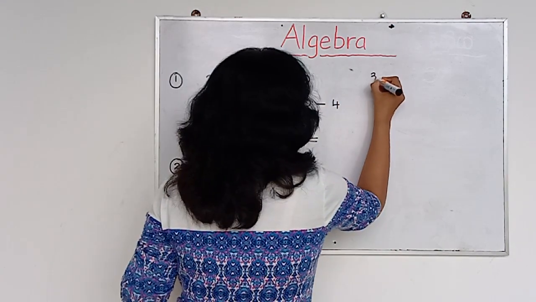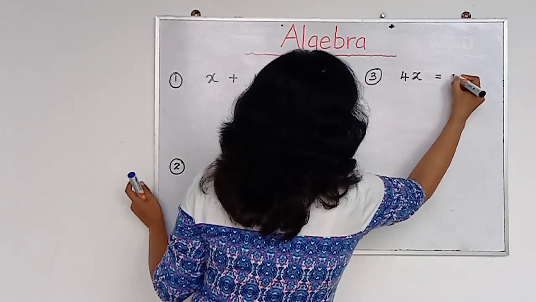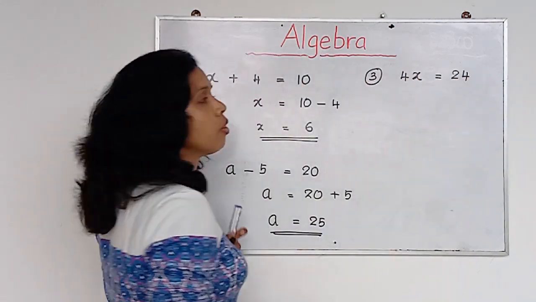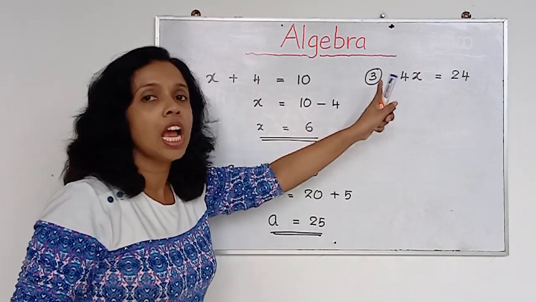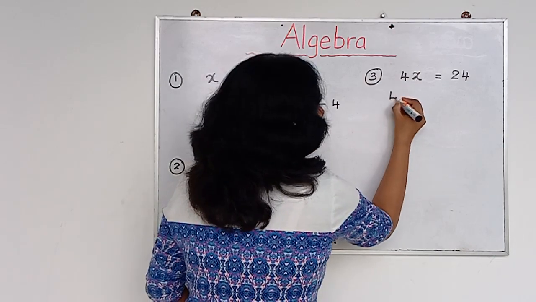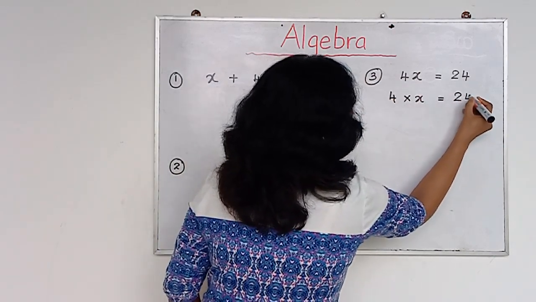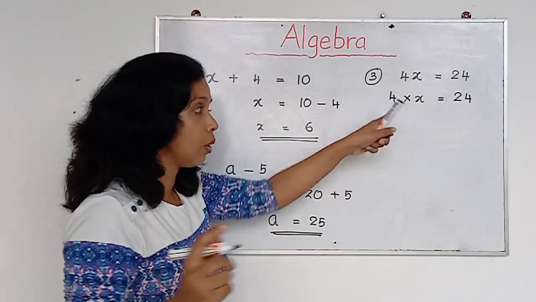Third one, look at this: 4x equals 24. Now I want to find the value of x. How can I find it? I know here 4x means 4 times x equals 24, and I want to keep x alone.